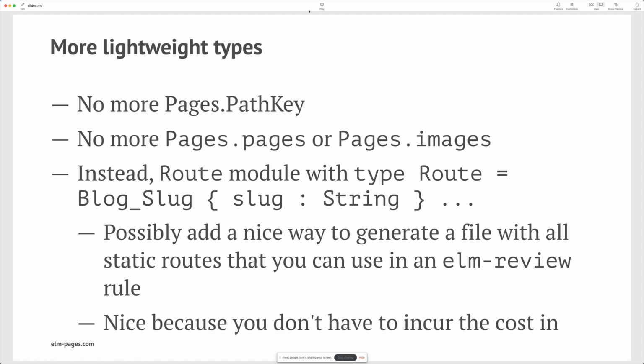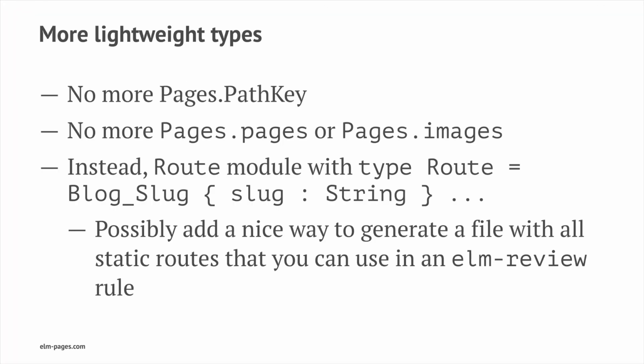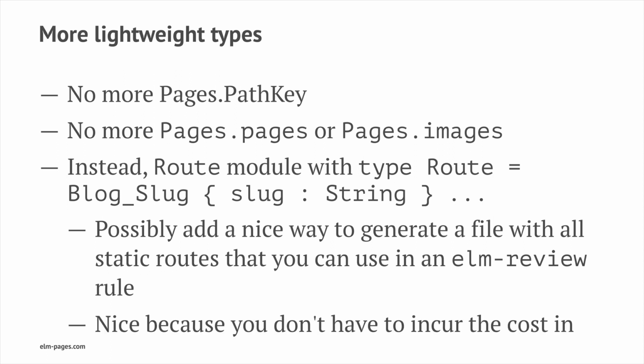And that means you don't have to incur the cost at build time or in your bundle. Instead, you incur the cost at dev time. If you want to run the Elm Review rule, and it's a minimal cost, but at least you can strip that out of your bundle and simplify there.